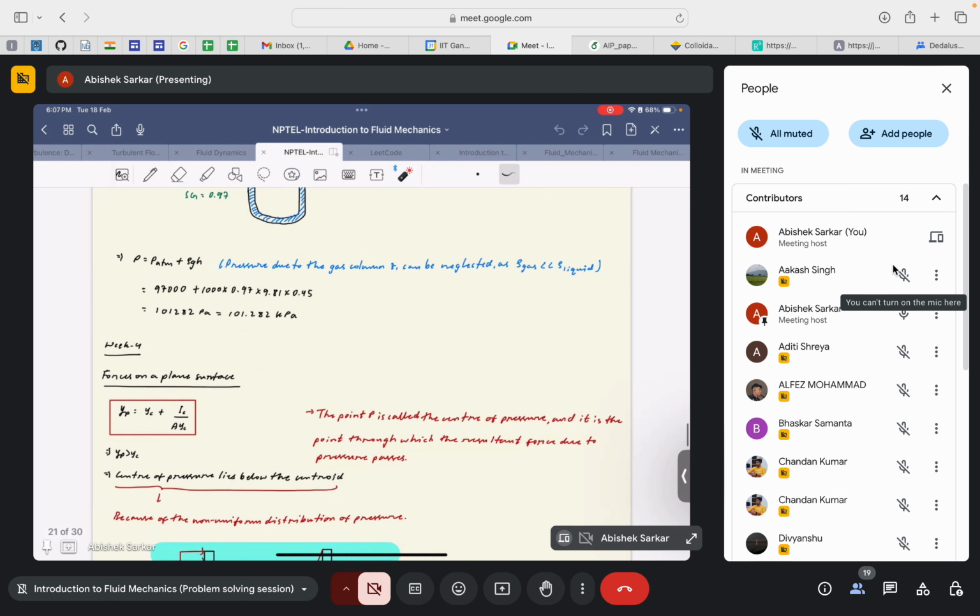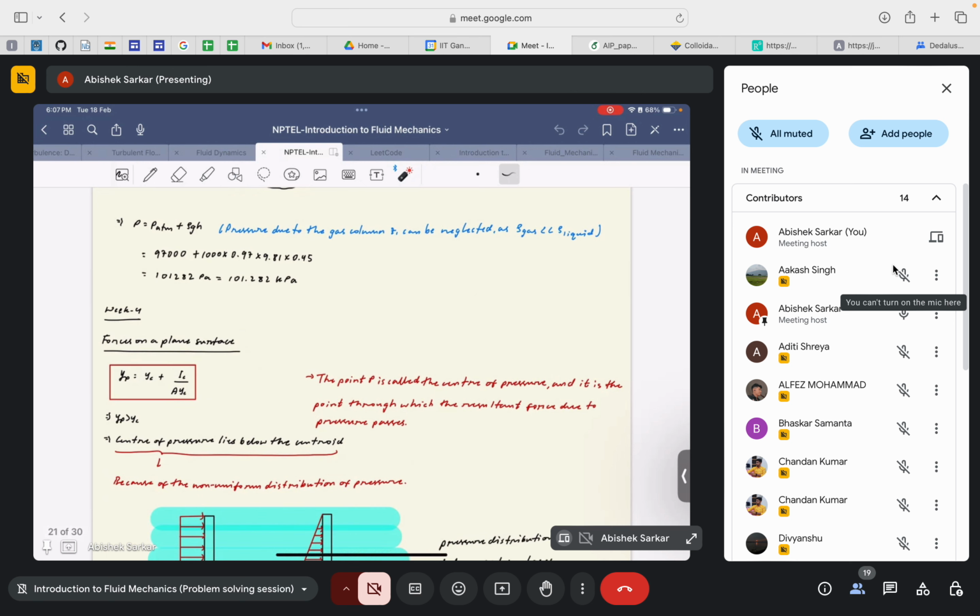So the center of pressure. I will discuss it, but if you have any doubt, you can still ask. I will just give a definition, and hopefully, when we look into some examples, you will understand it better. So the point at which pressure acts. Yeah, exactly. When you study mechanics, there is a concept of center of gravity.